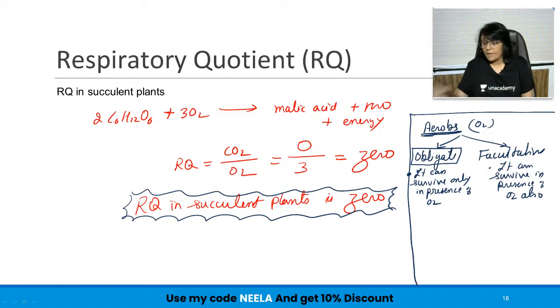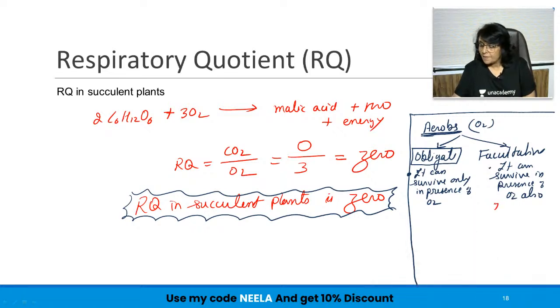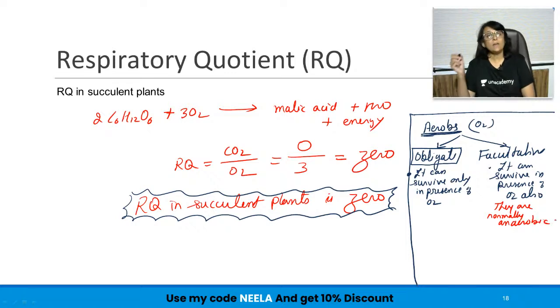Otherwise, how do they survive? That means they are normally anaerobic. So they lead their life without oxygen. But if oxygen is there, they will still survive. And obligate can survive only in presence of oxygen.